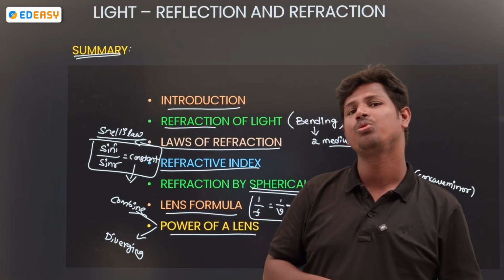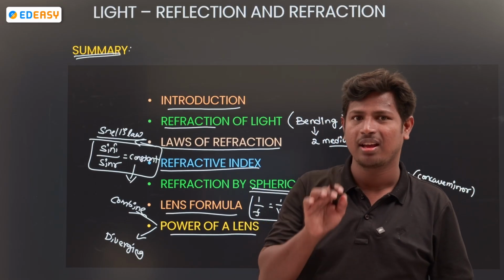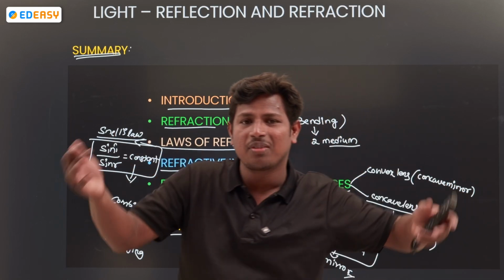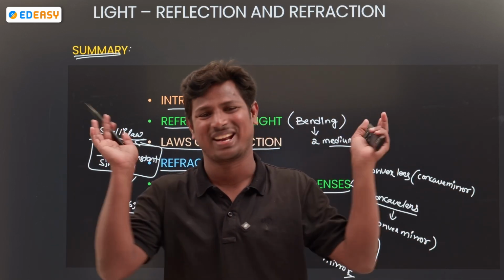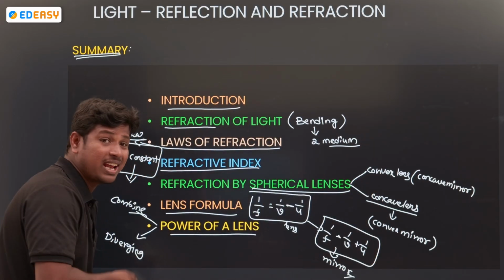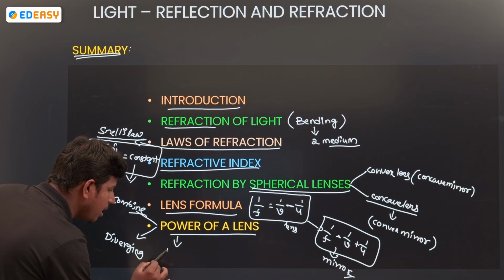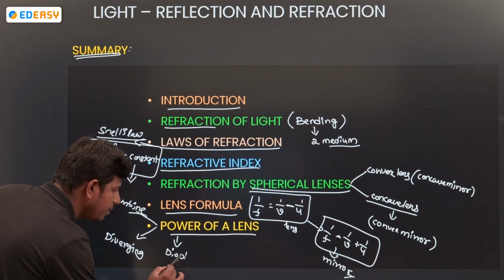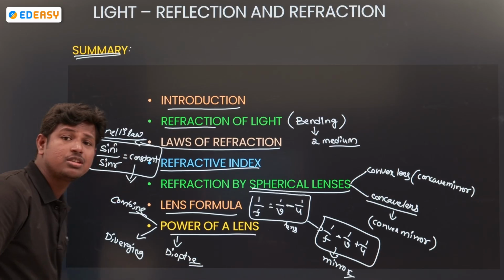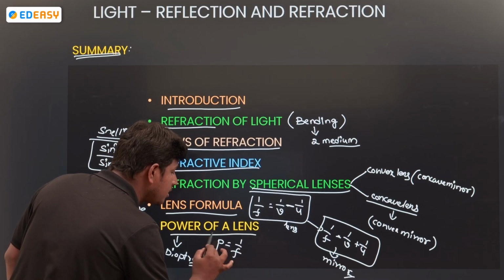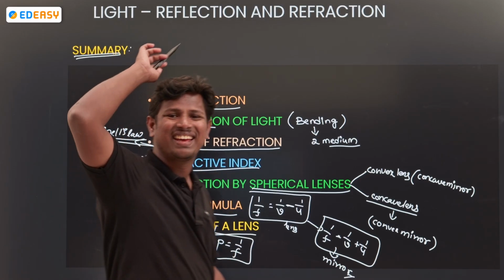You have the ability to do that, that is power. If you want to separate them, for that also you need power. So power of the lens: what is the unit? Diopter. And the power of a lens mainly depends on the focal length of the lens. Clear? Thank you.